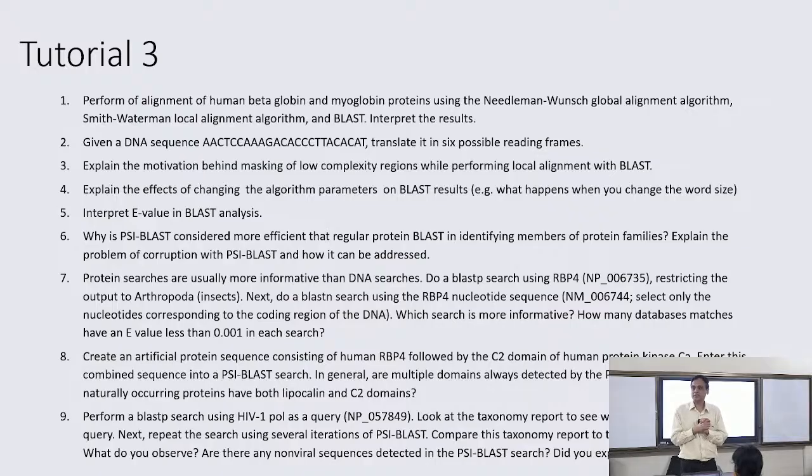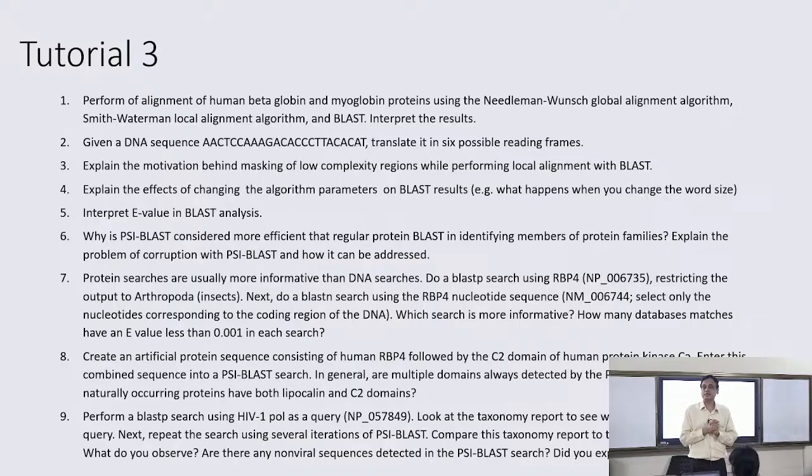Check it. Get started with the first problem, and let me know if you are not able to find it. I will also try to find these algorithms, and then once you have found the algorithms, you have to get the sequences of human beta globin and human myoglobin. You know how to download the sequences now?